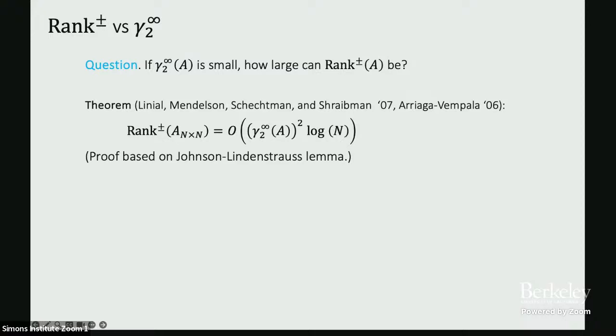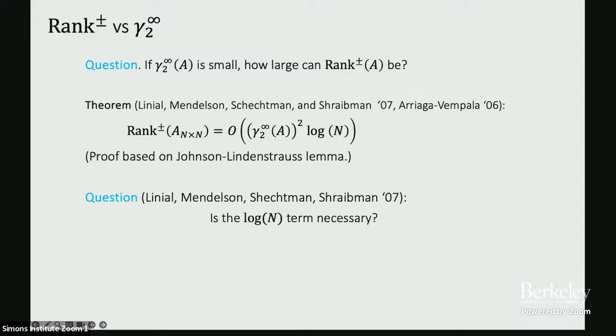And so the question that was asked by Linial in this work was whether this log n term is necessary. Because here I have this extra condition that the gamma 2 norm is constant, or it's small, maybe I can do something smarter than Johnson-Lindenstrauss. Is it possible to get rid of this log n dependency?